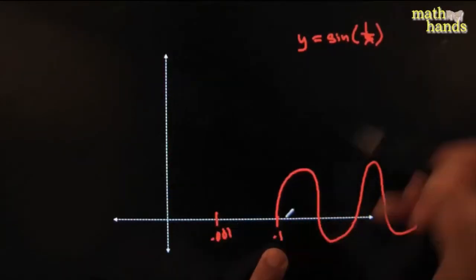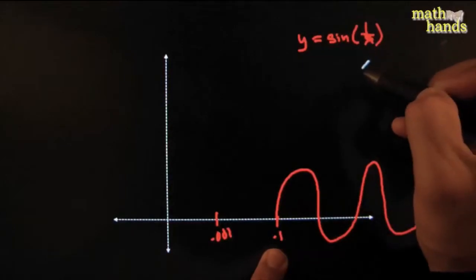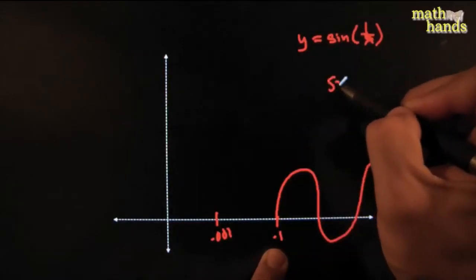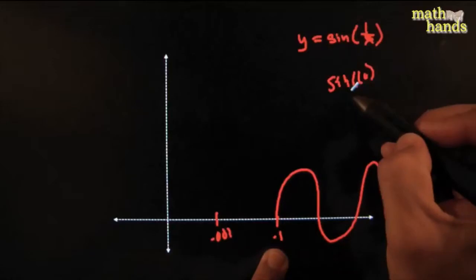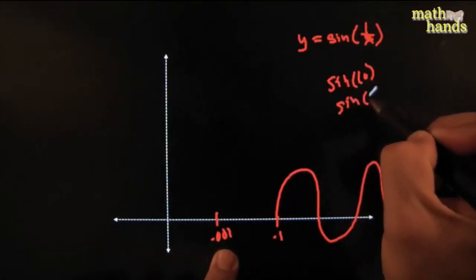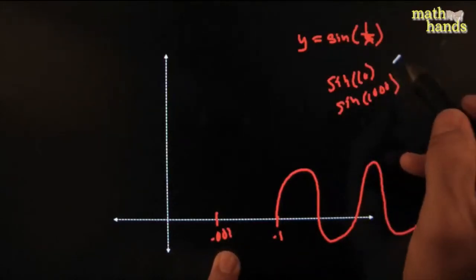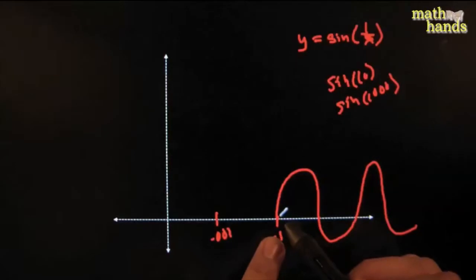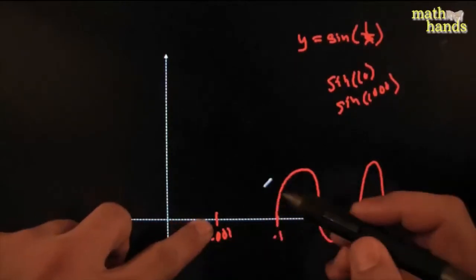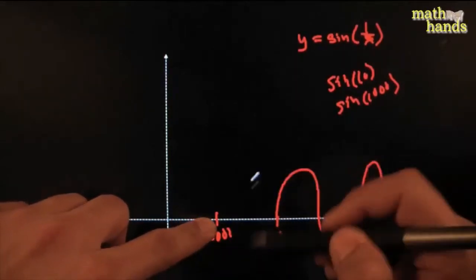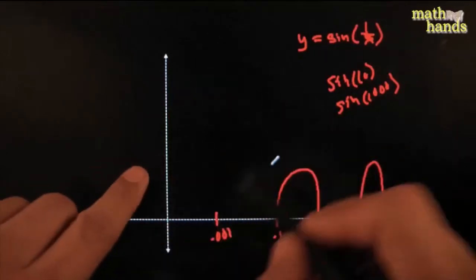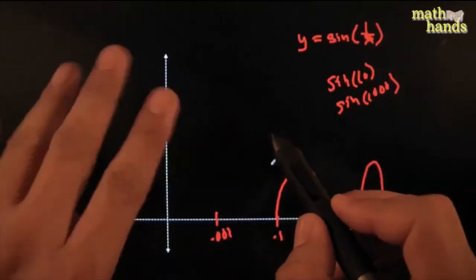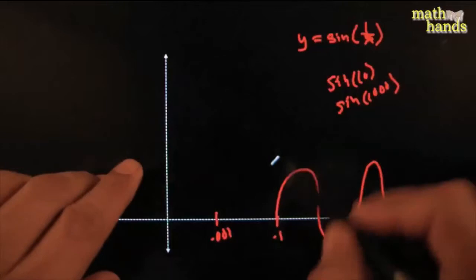When you have a function, you should be able to trace it without lifting your pencil. Already we did that. But more than that, you should be able to trace it without running out of pencil lead. Now, what exactly does that mean? See, these things are crazy. They tell you how crazy these functions can be.